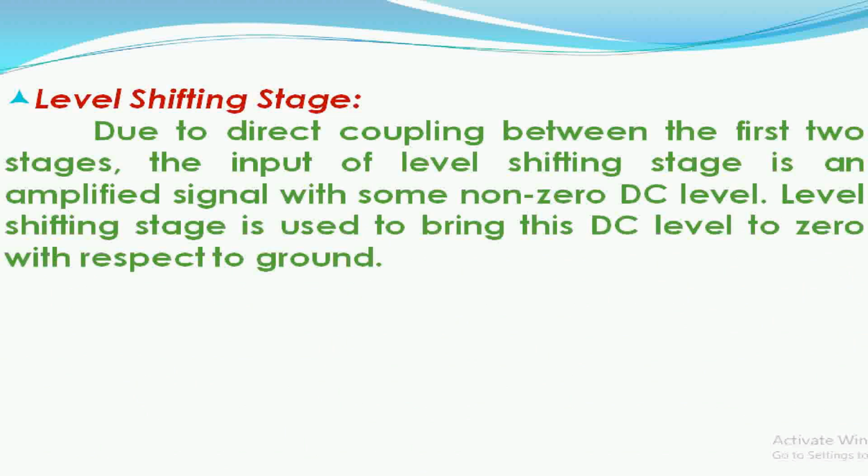Due to the direct coupling between the first two stages, whatever output is generated from the first and second stage is directly coupled to the level shifting stage. Because of this direct coupling, the level shifting stage receives an amplified signal with some non-zero DC level. That non-zero DC level is brought back to zero level by this level shifting stage.